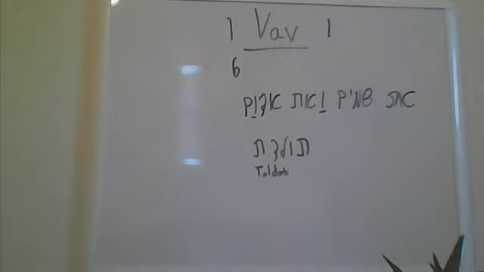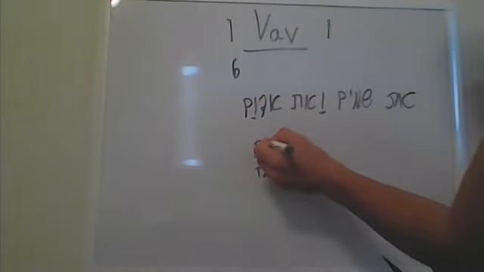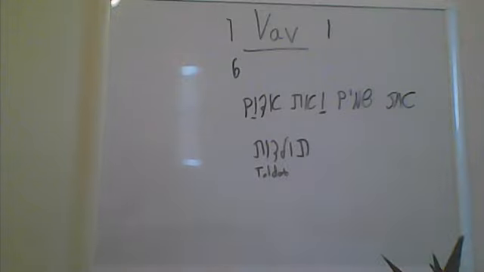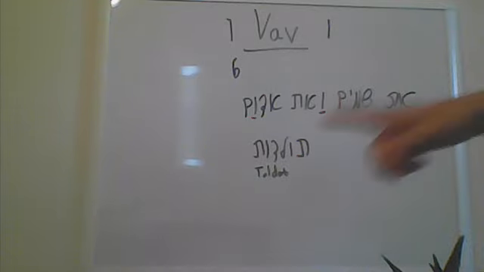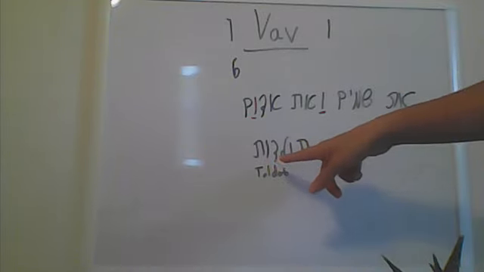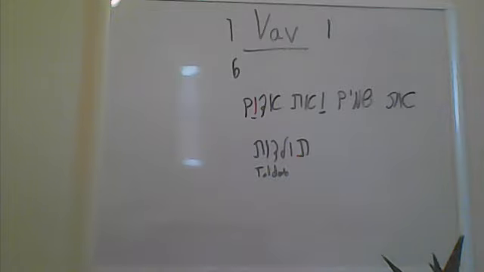And that is in reference to the reestablishing of the genealogies that had gone from Adam to Noah to Abraham, Isaac, Jacob, all the way to Peretz, all the way to Ruth and Boaz.